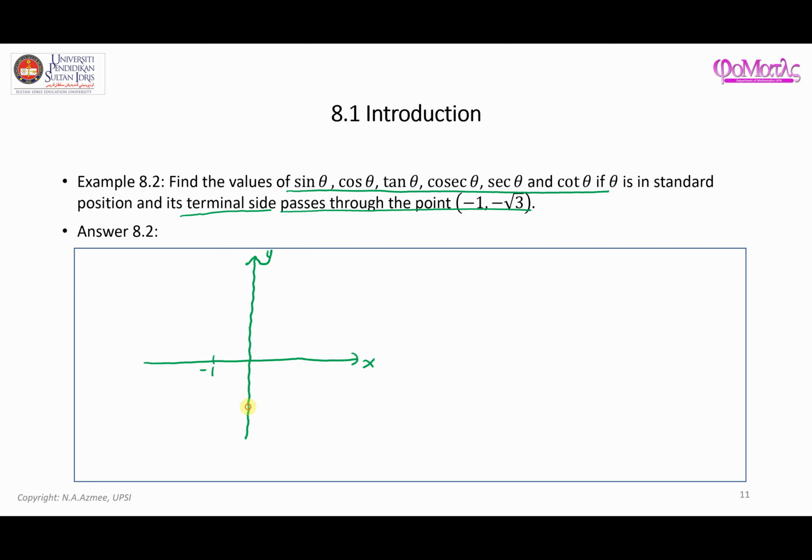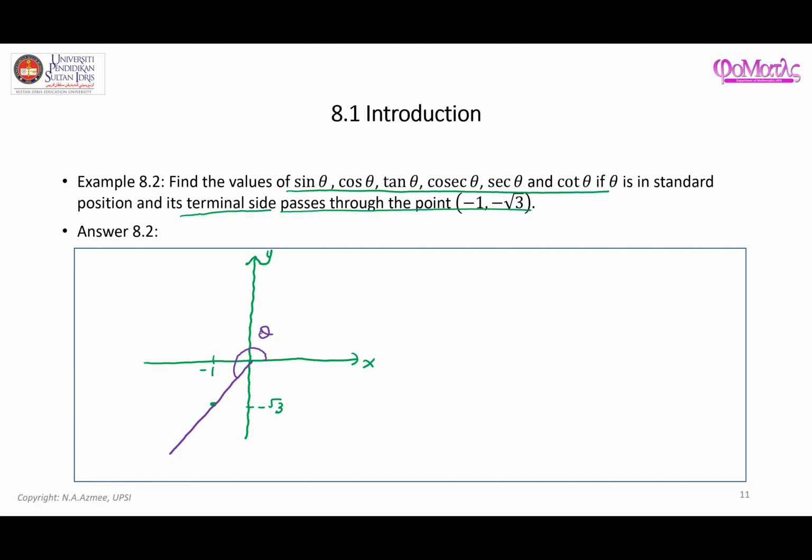Next, this could be my negative 3, so y is also in the negative direction. This is my point here, and the terminal side passes through this point. So that means this is my theta.